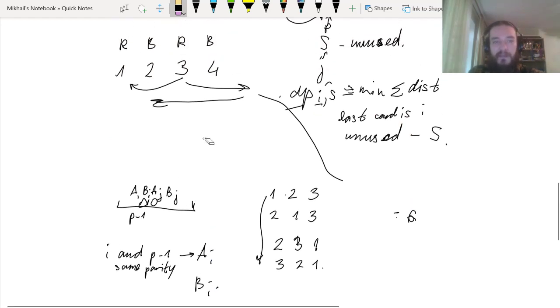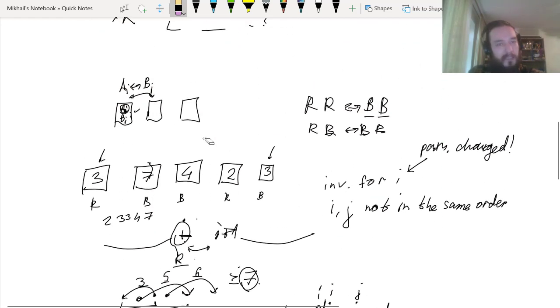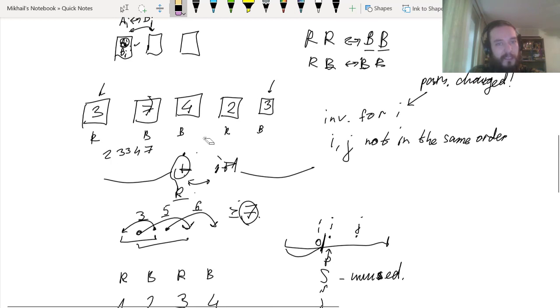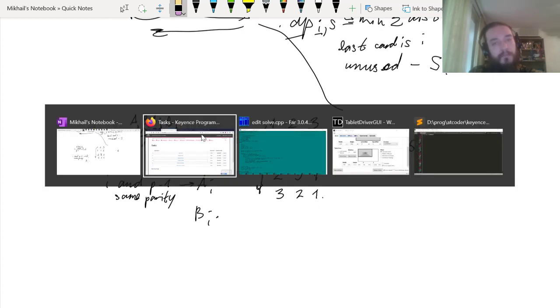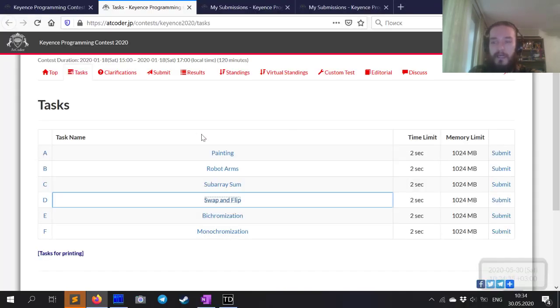You have to figure out quite a lot of different things, like how the color behaves depending on how the cards move, and the parities and inversions, and how to compute the answer. But in the end, it's pretty simple and standard subset dynamic programming, which appears a lot.